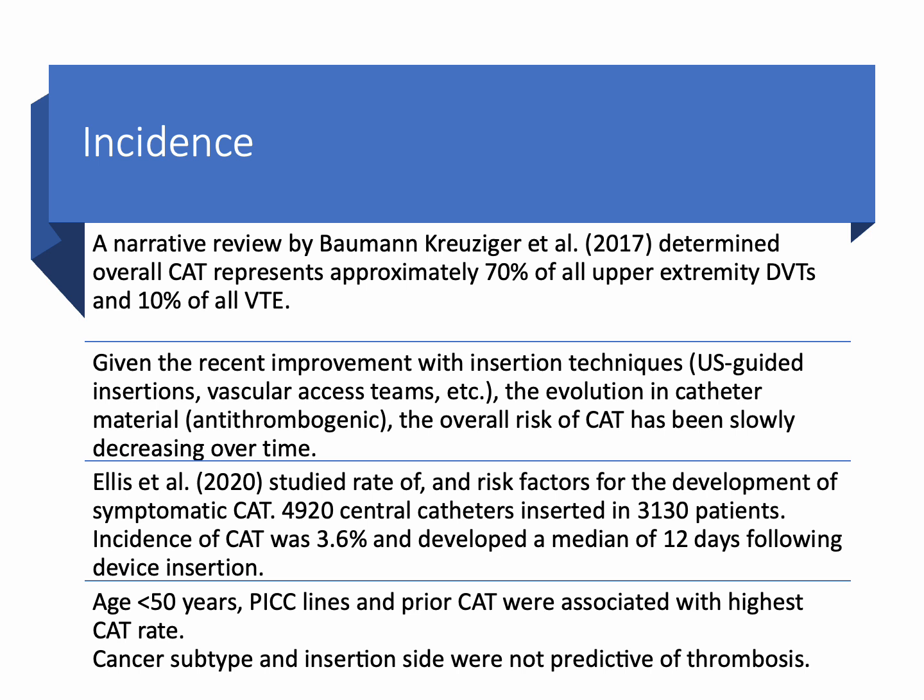Given the recent improvement with insertion techniques, particularly focusing on ultrasound-guided insertions, dedicated vascular access teams, the use of vessel health and preservation as a pre-assessment strategy, the evolution of catheter materials such as antithrombogenic and hydrophilic catheters, the overall risk of catheter-associated thrombosis has slowly decreased over time. That is what we would think. However, recent literature has yet to prove otherwise.